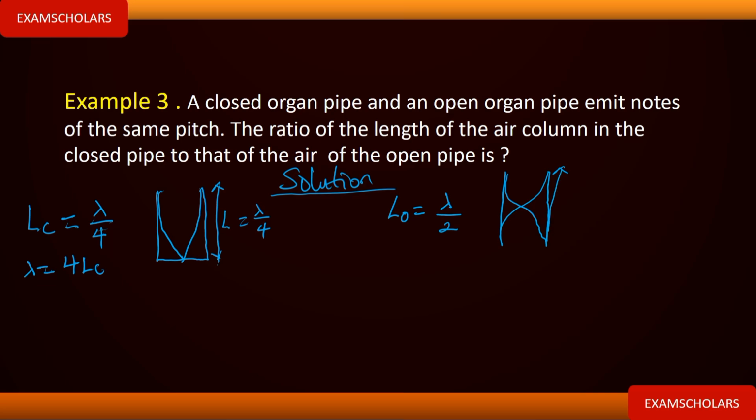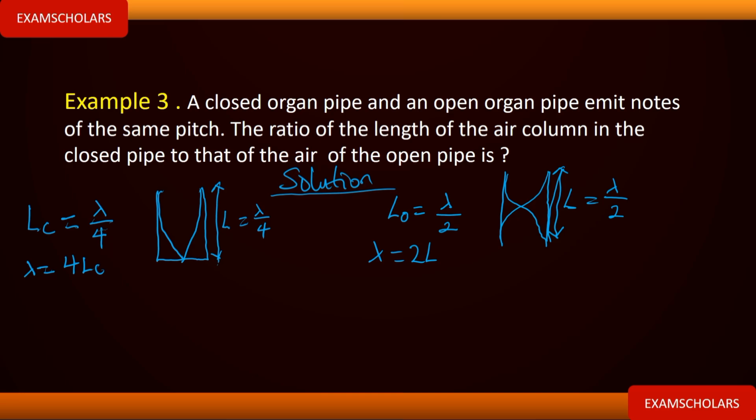This is your L here. Now, L is equal to what? Lambda over 2. How is it lambda over 2? You have 1, 2, 2 out of 4. Okay, so lambda here will be equal to 2L open. That is lambda for this one.